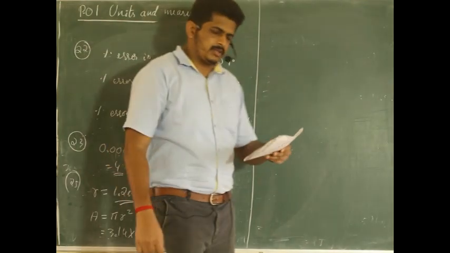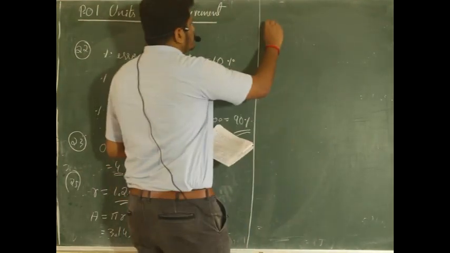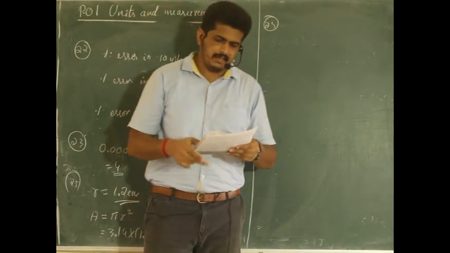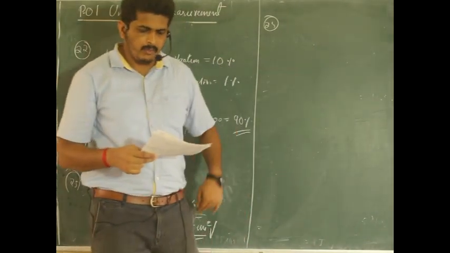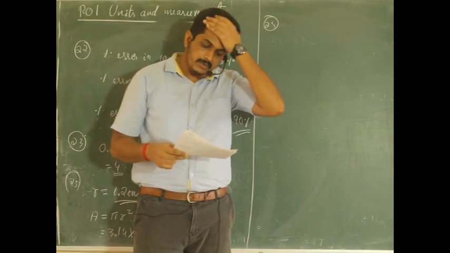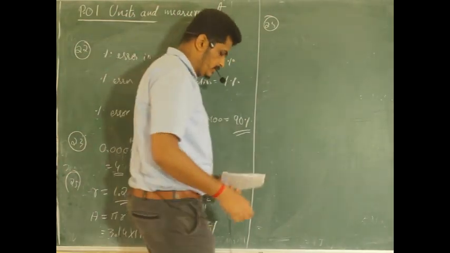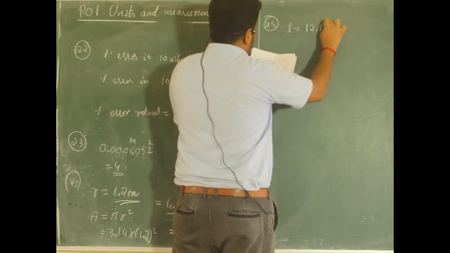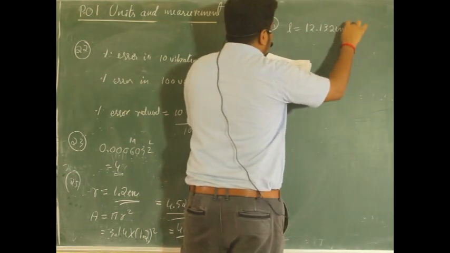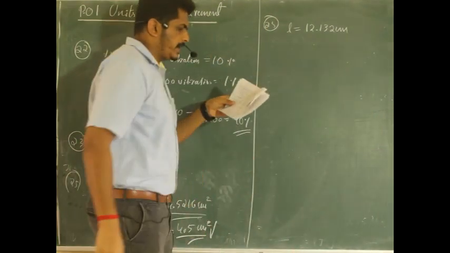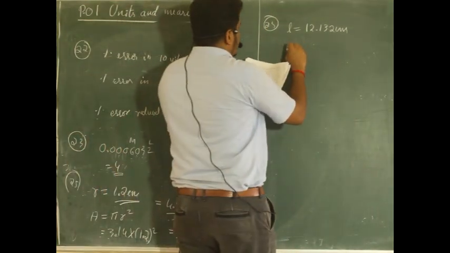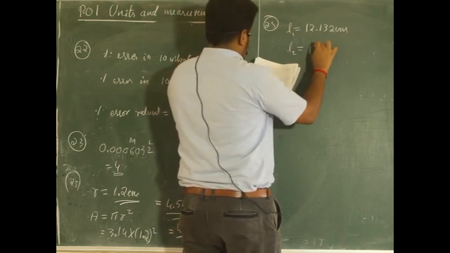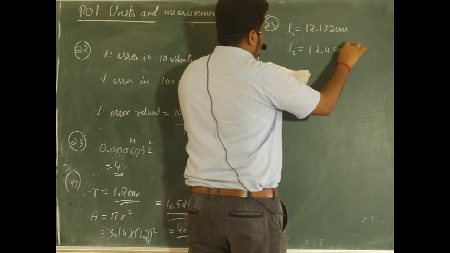Next question, let us go for the 25th question. The 25th question says that a stick has a length of L is equal to 12.132 centimeter, and another stick has a length of, let me take L1, L2, okay, L2 has 12.4 centimeter.